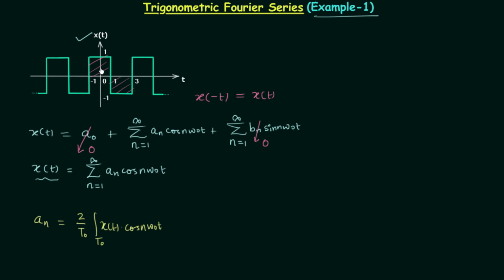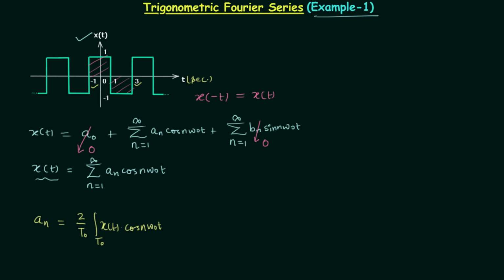For example, in this case I have taken this structure. This structure is repeating from minus infinity to infinity, and if you see the fundamental time period, you will find it is equal to 4 seconds. If this time t is in seconds, you will find the fundamental time period is from minus 1 to 3, and it is equal to 4 seconds.